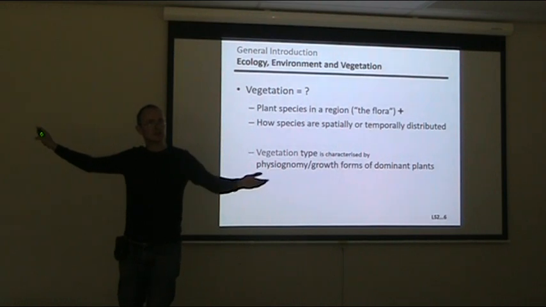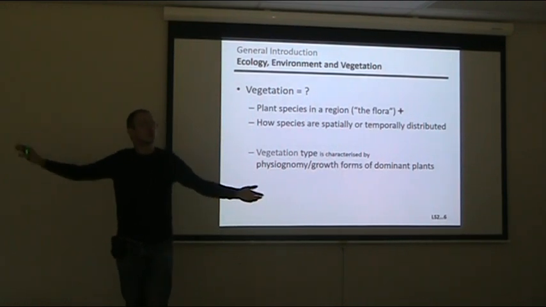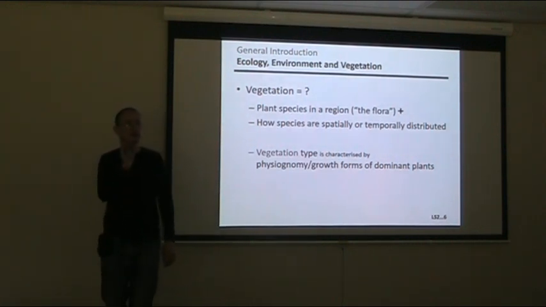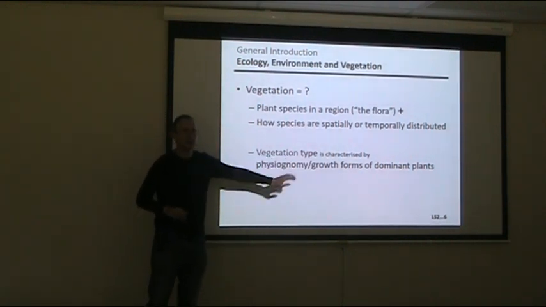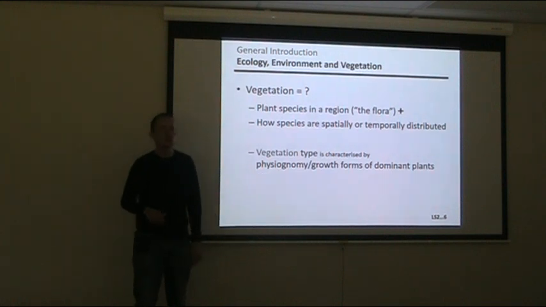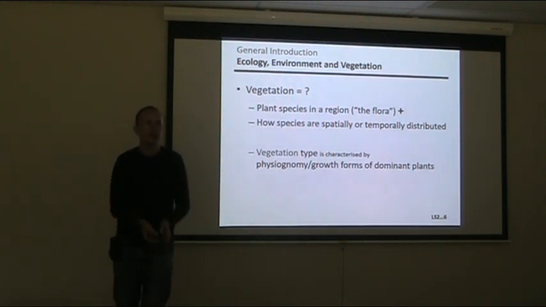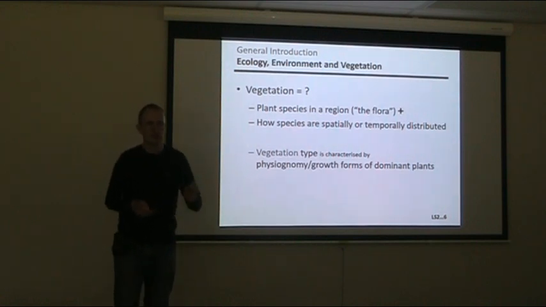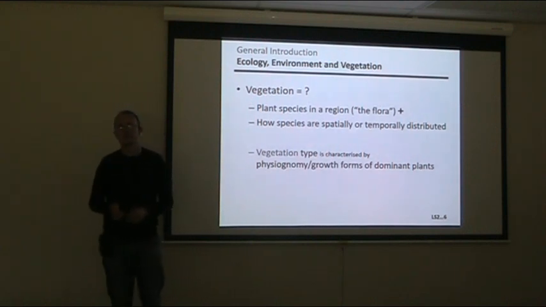As it goes down to the sea, there's a dune flora there. It's very, very different. It doesn't have the same flora list. Okay? But that is the same vegetation type. It has the same physiognomy, growth forms, and if you look at the genus and family level, it shows you there. Okay, so just to be sure about those terms.